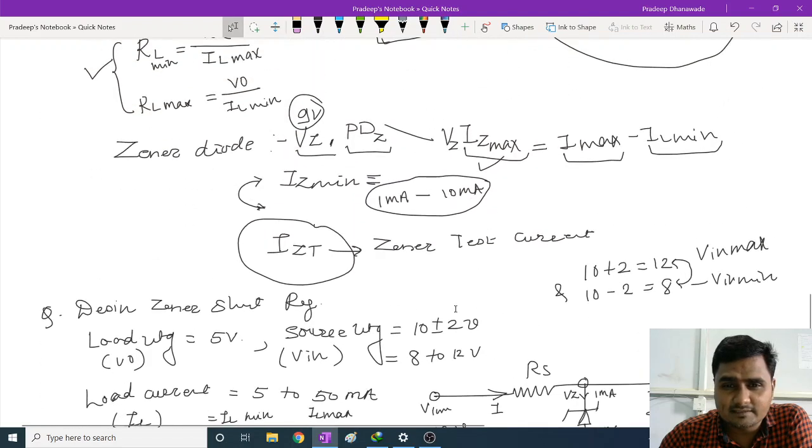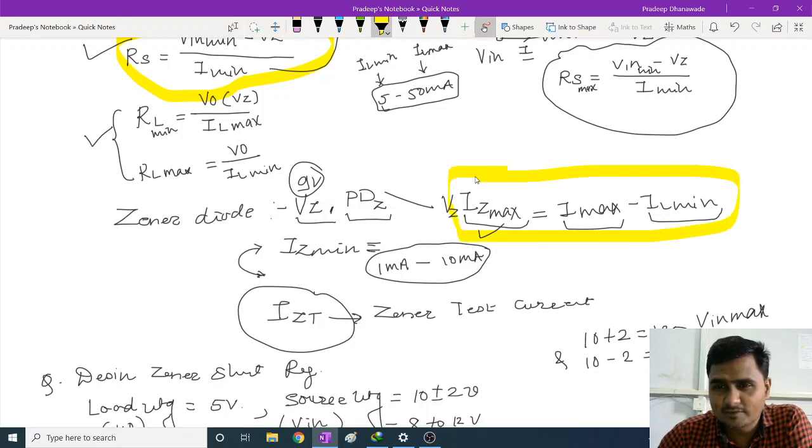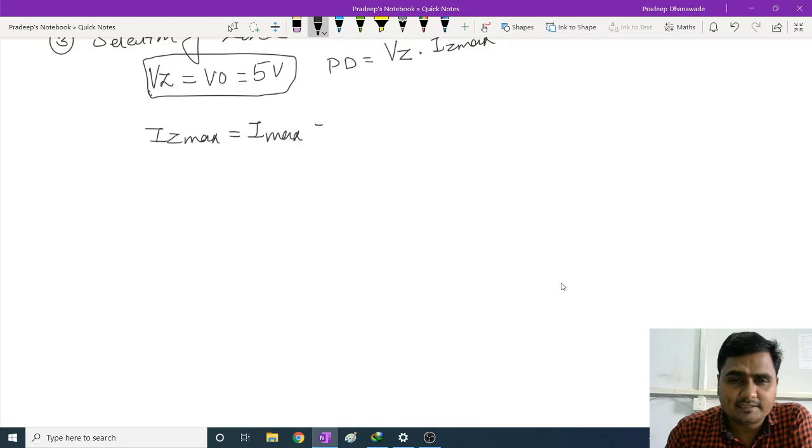Yes, we have written this equation for Iz max. You remember Iz max is equal to I max minus IL minimum. We'll use that equation. So I will write here I max minus IL minimum.